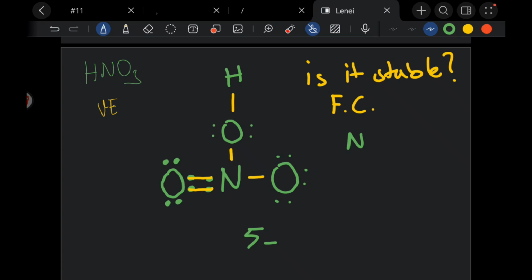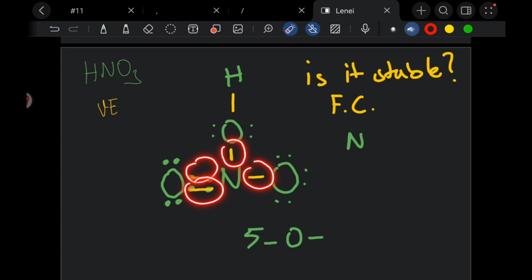Five minus the non-bonding electron number, which is 0, minus bonding electrons over 2, which is 1, 2, 3, and 4, 8 over 2, 4.